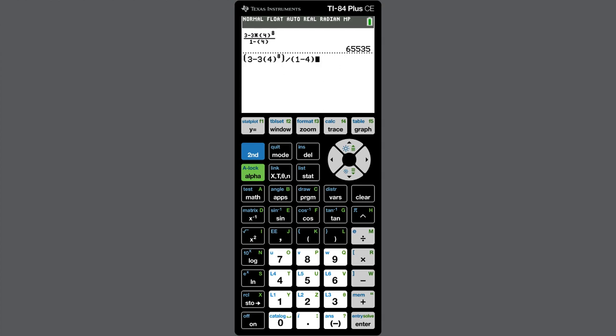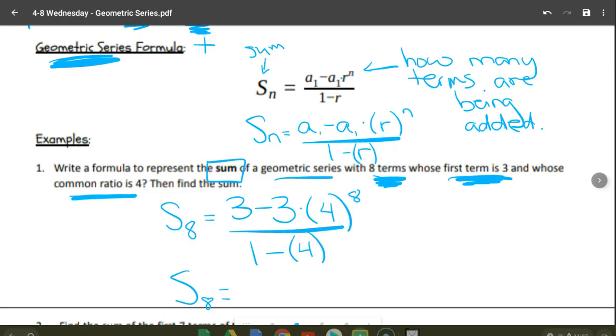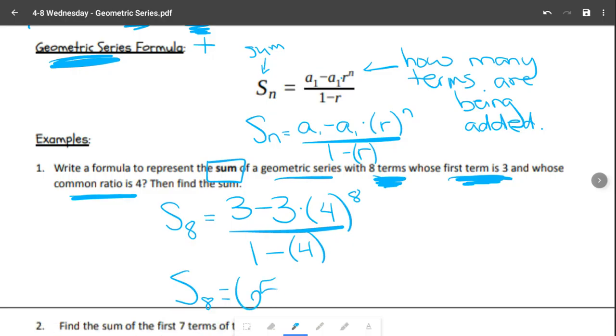So you want one big parenthesis around the numerator, one big parenthesis around the denominator, and divide them that way. Otherwise, if you leave out parentheses and you don't use the fraction button like I did the first time, you will get the wrong answer. So we have 65,535.